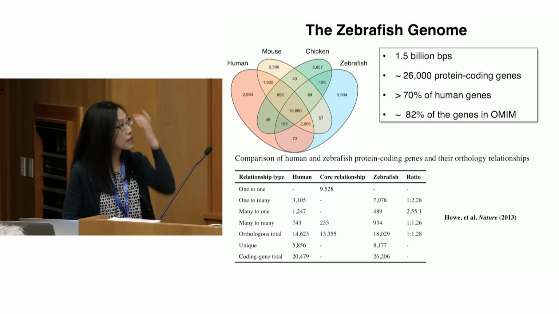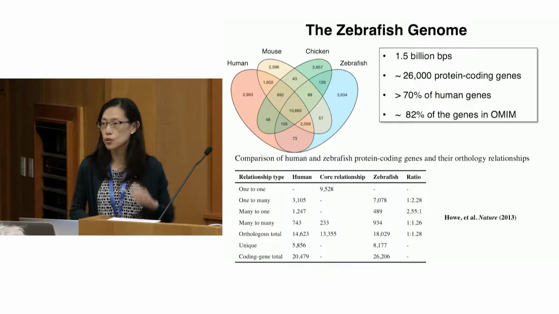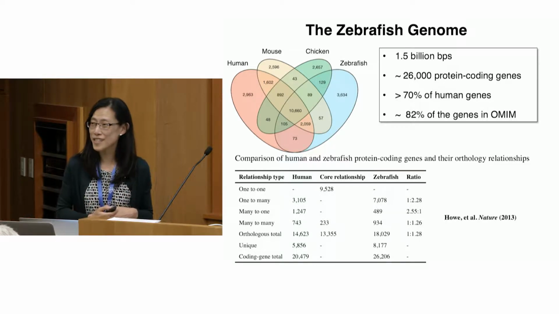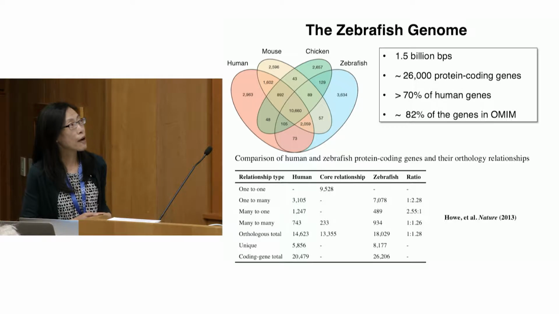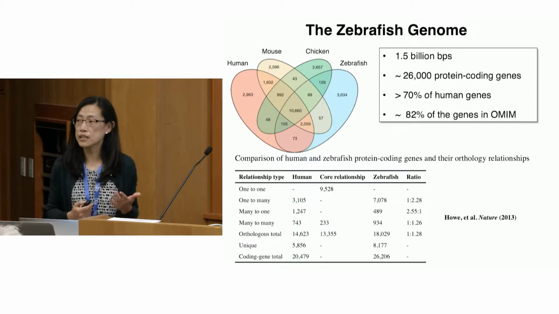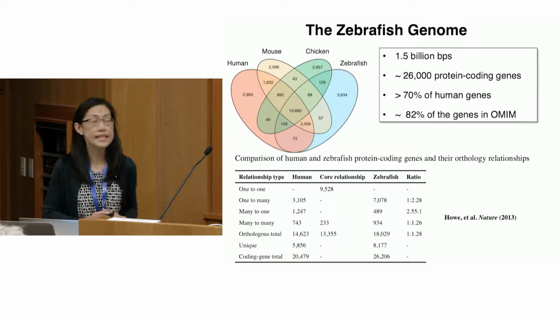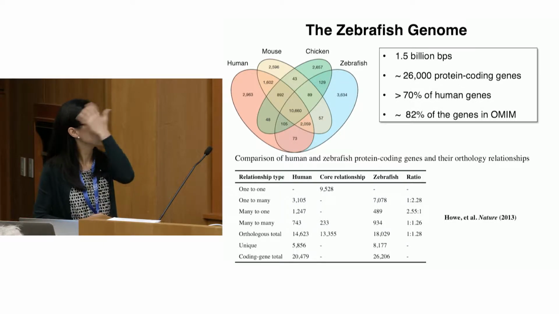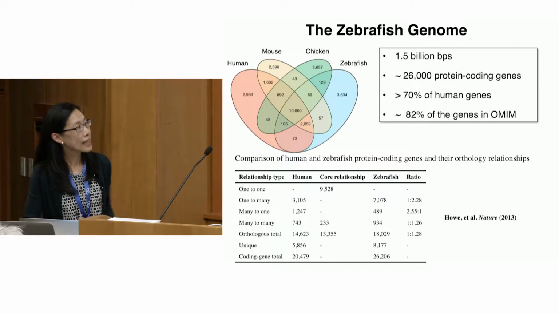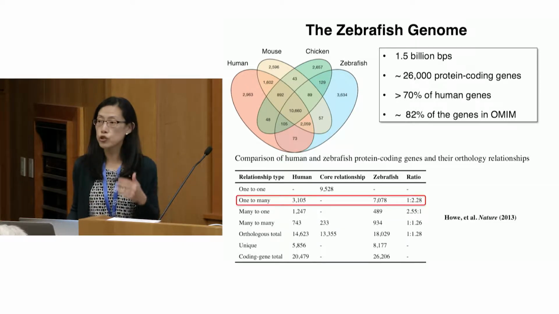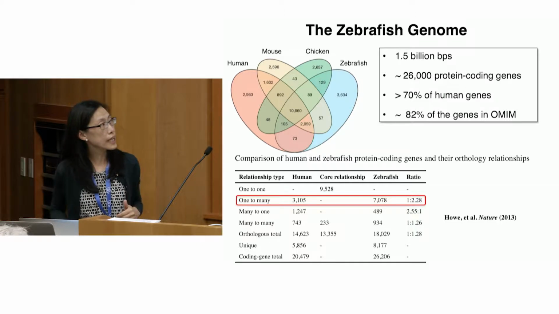So if we dive a little bit more into the zebrafish genome, it contains about 1.5 billion base pairs, which is a little less than half the size of the human genome. However, it has approximately 26,000 annotated protein encoding genes, which is more than the about 20,000 protein encoding genes in the human genome. And that is because zebrafish ancestors have gone through a partial genome duplication.